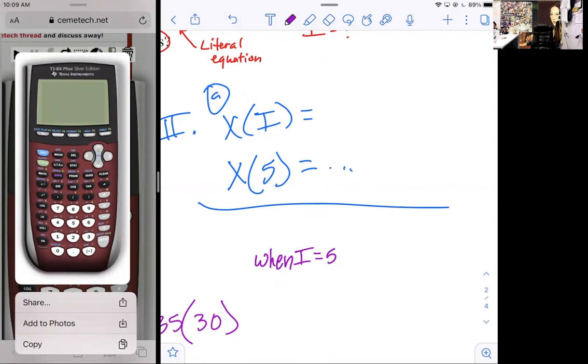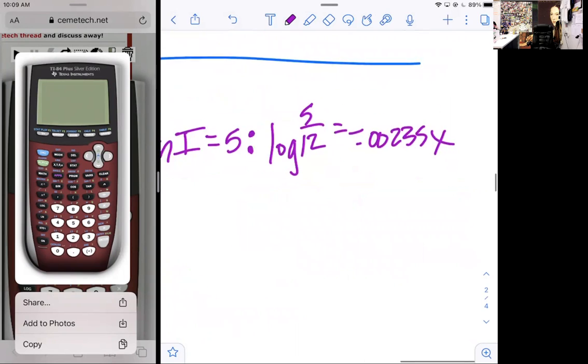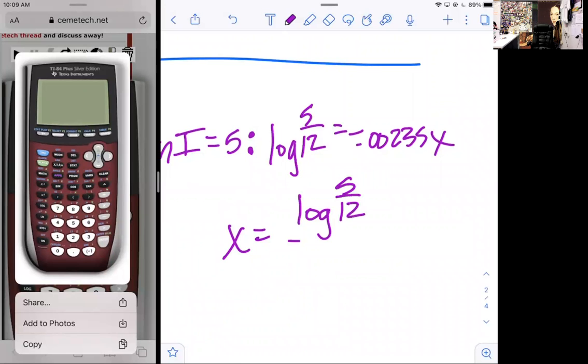Colon, right. And now we can plug in. Watch, we get log of 5/12 equals negative 0.00235 x. And now all we have to do is solve for x. So when we do that, we divide. We get log of 5/12 all divided by negative 0.00235.